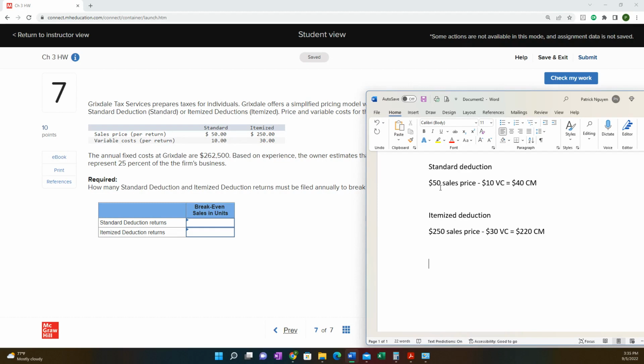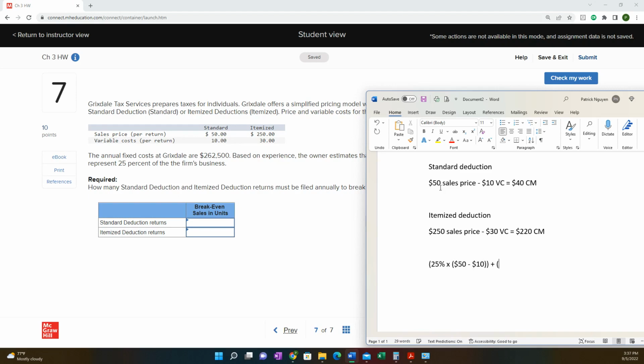So let's continue. The question tells us that 25% of our returns use the standard deduction. So we do 25% times the sales price, which is 50, minus variable cost of 10. And then we add that to our itemized deduction returns. 75% of our returns are itemized deductions.